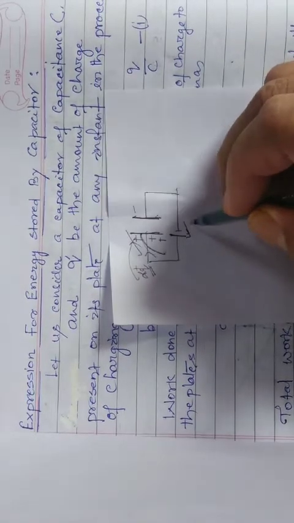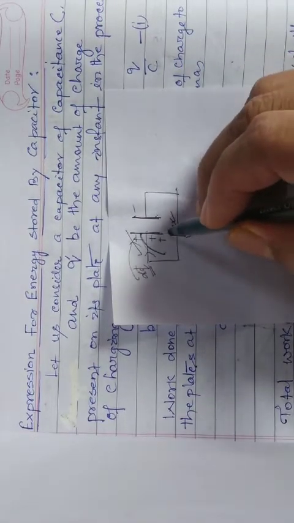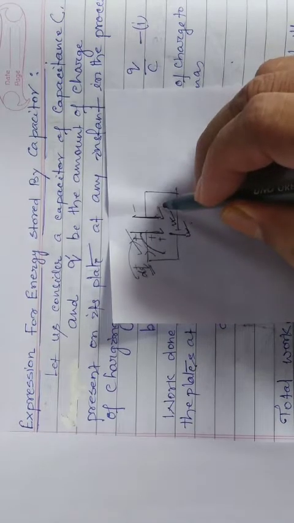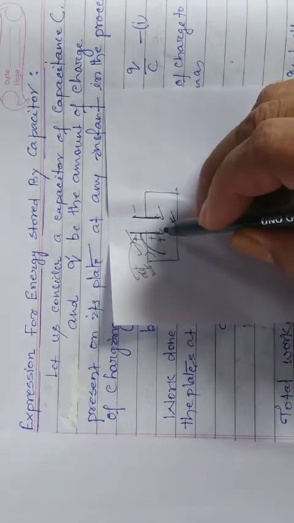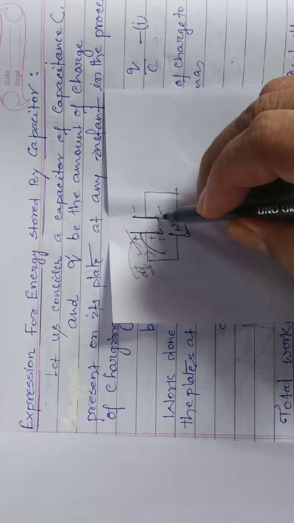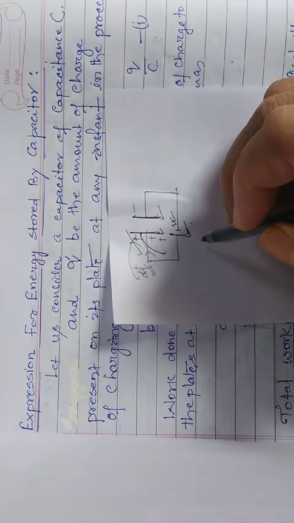And this work which is performed by the battery in the process of charging gets stored between the plates of the capacitor in terms of its electric potential energy.